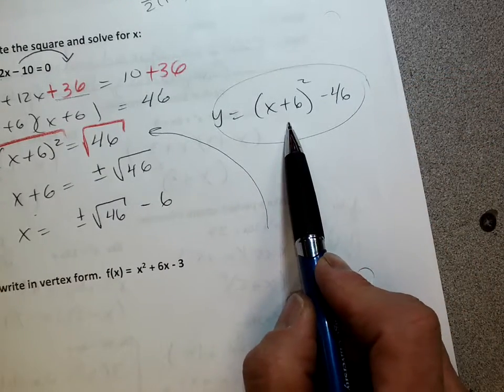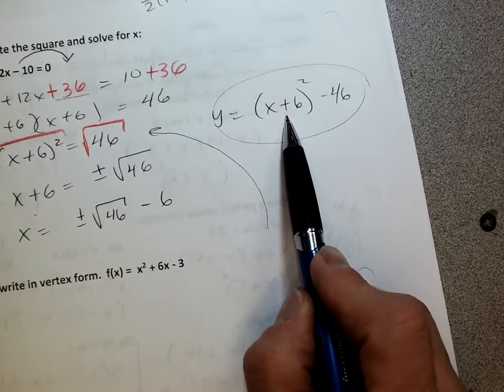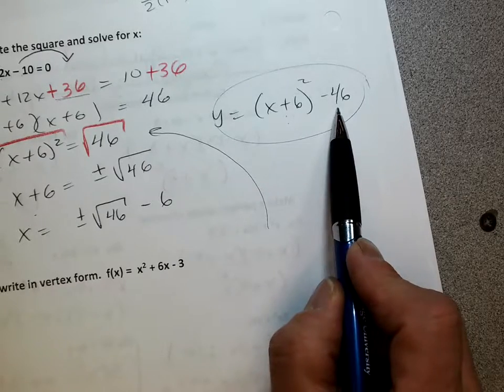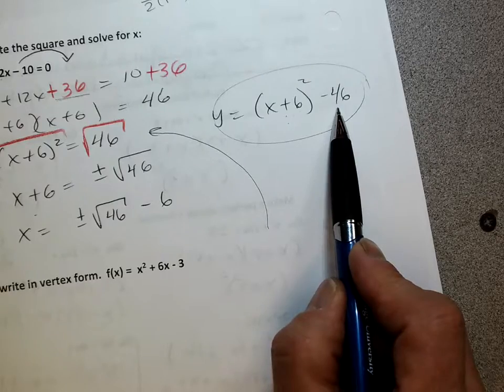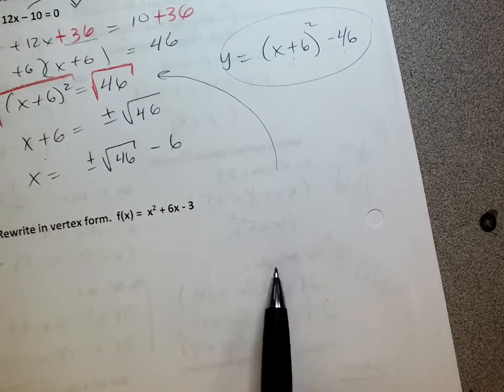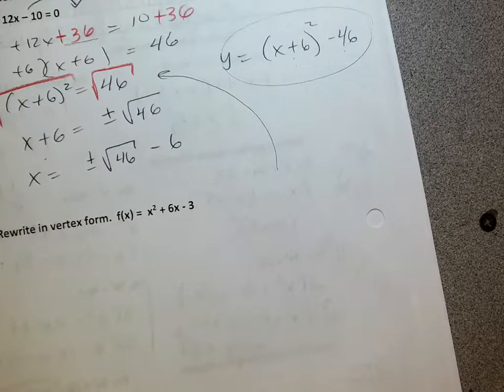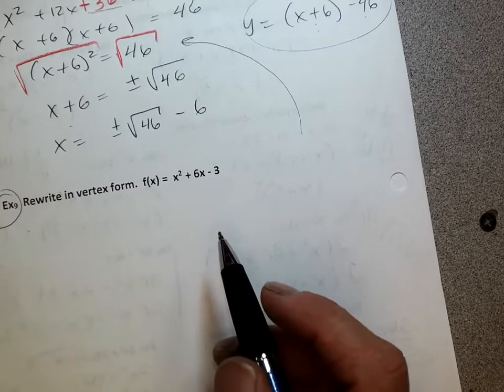Remember how we did the vertex? The vertex would be at negative 6, negative 46. So if we can change this into vertex form, we can get the vertex. The way we're going to get this into vertex form is by completing the square.